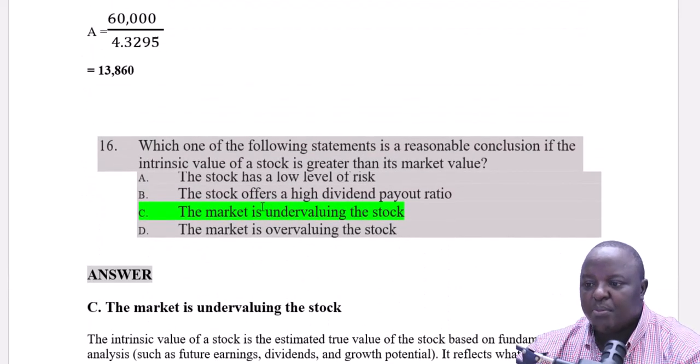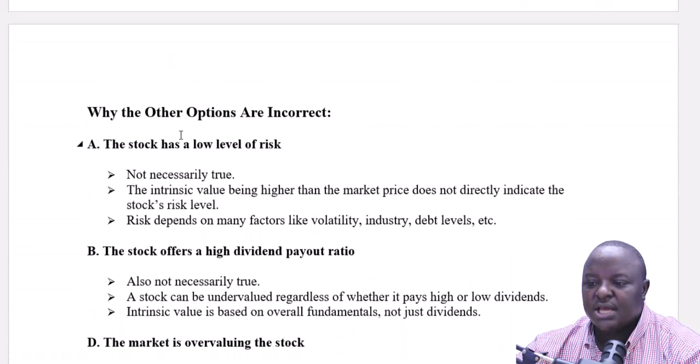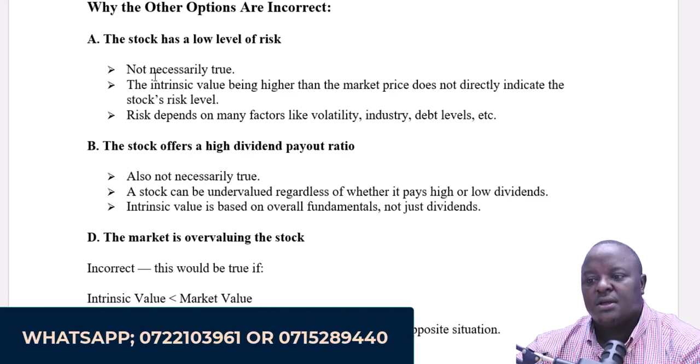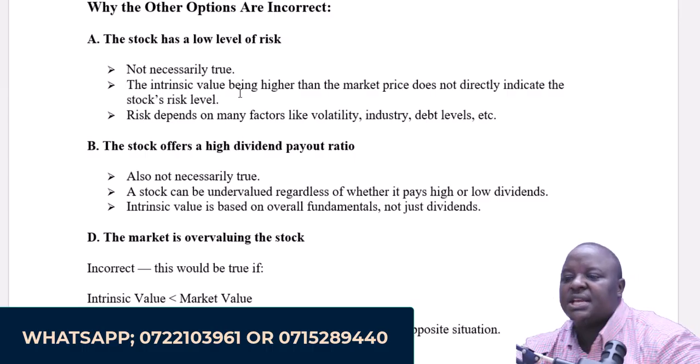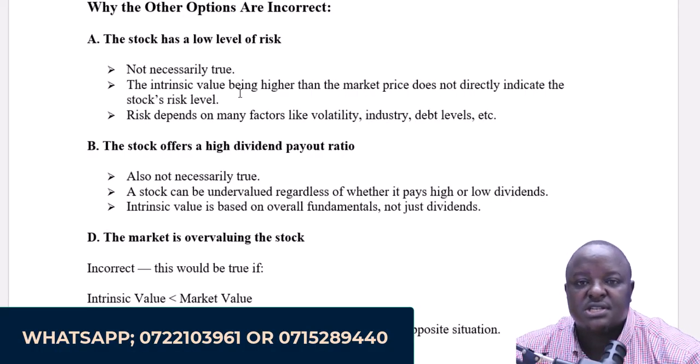So when you ask which statement is a reasonable conclusion if the intrinsic value of a stock is greater than its market value, the answer is that the market is undervaluing the stock. When you look at the other options, the stock has a low level of risk: this is not necessarily true. The intrinsic value being higher than the market price does not directly indicate that the stock's risk is low.